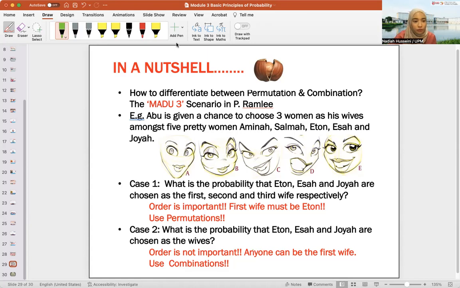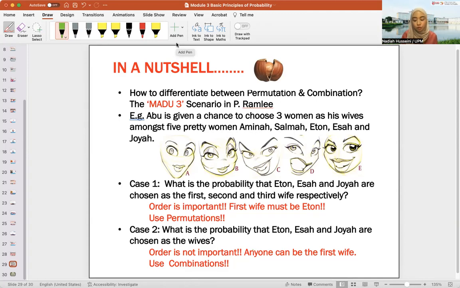Because we don't care who becomes the first wife, the second wife, or the third wife. But if Salma said, I need to become the first wife, or Eton said, I need to become the second wife, now that is when the order is important. Now the main character has to decide who becomes the first, second, and third wife.